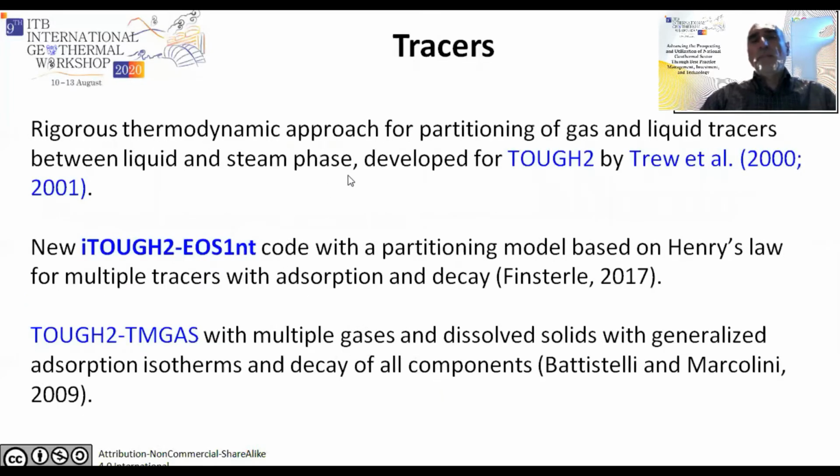The rigorous thermodynamic approach for partitioning of gas and liquid tracers between the liquid and the steam phases has been developed for TOUGH2 by Pruess et al. in 2001. Now there's a new equation of state module, EOS1nT, available for iTOUGH, which allows the partitioning of the tracer using Henry's law for multiple tracers with absorption and decay. And also TMGAS can simulate multiple gases and dissolved solids with generalized absorption isotherms and decay of all components, and these can be used as tracers.